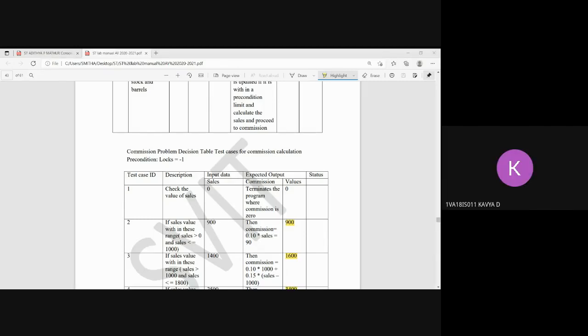Kavya, Present, ma'am. Manoj, Present, ma'am. Imran, Present, ma'am. Monish, Present, ma'am. Monisham, Present, ma'am. Namrata, Present, ma'am. Nancy, Present, ma'am. Nitish, Present, ma'am. Yash Sanjay, Present, ma'am.